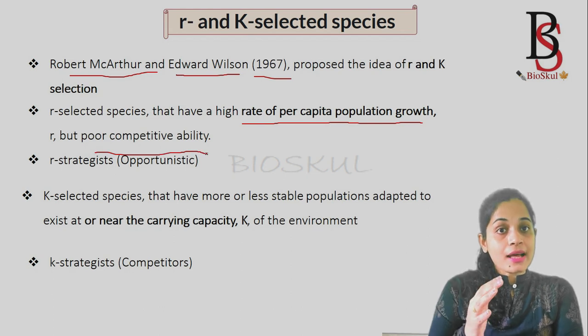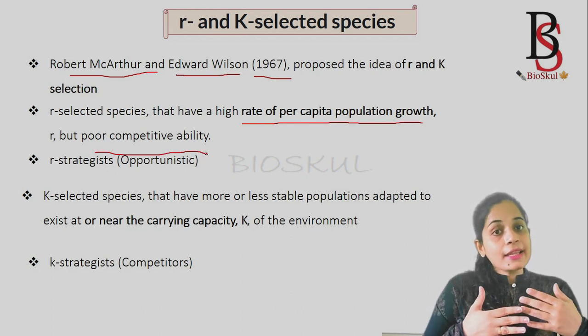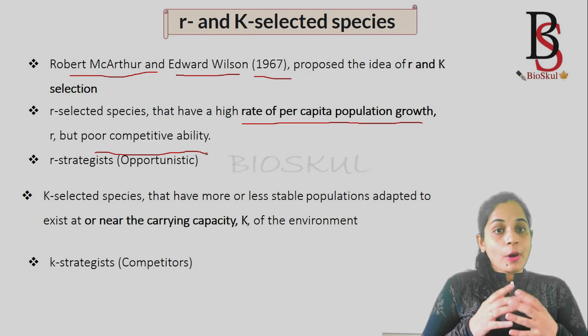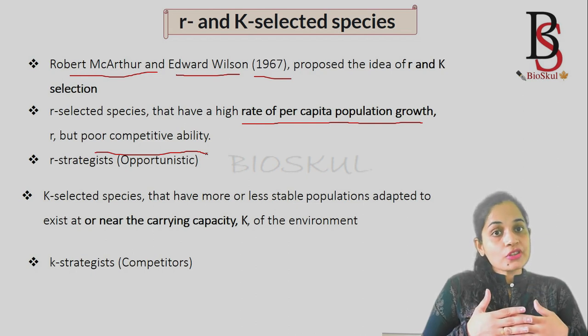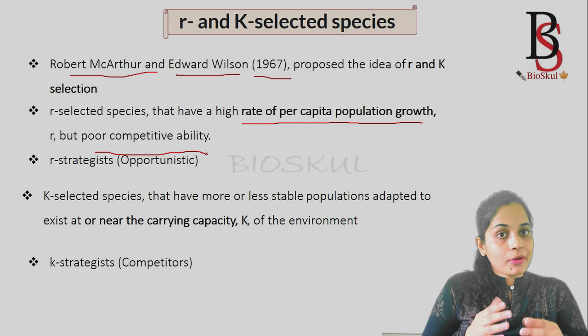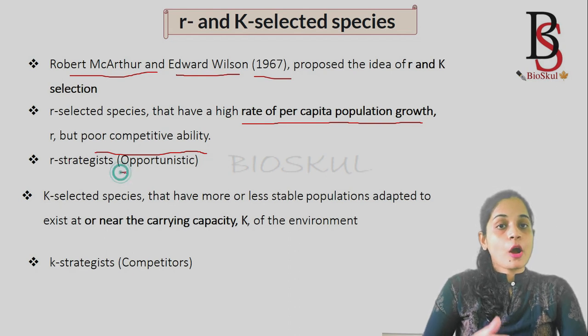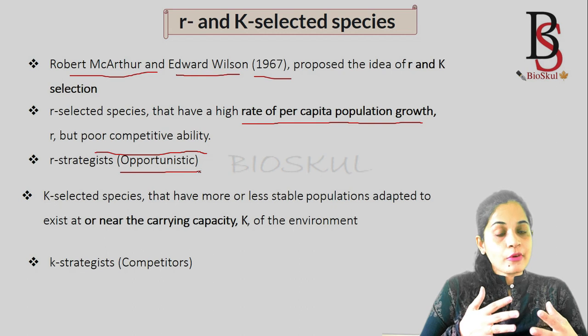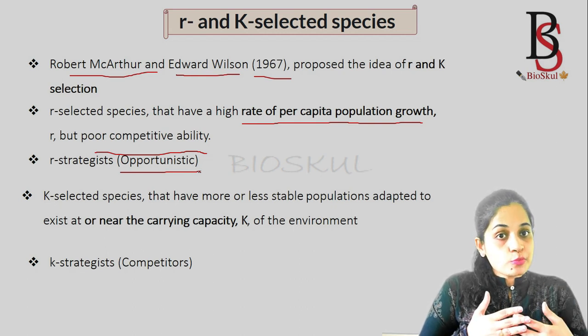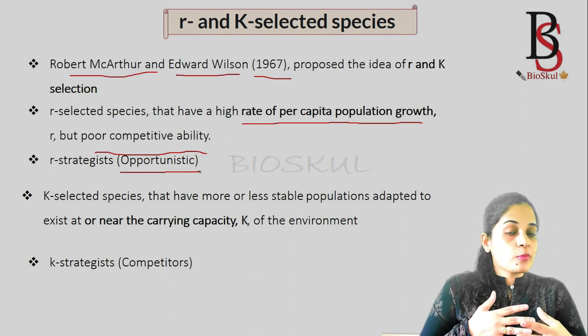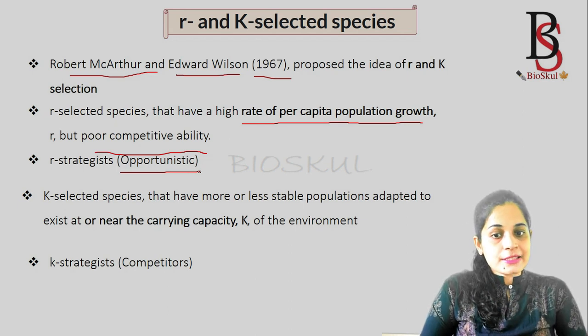High rate of per capita population growth means their reproduction rate is higher. You can remember R for reproduction. R strategists, or R selected species, are opportunistic. Opportunistic means when the environmental condition is favorable, at that time they will reproduce more and they will disperse from one place to another place.